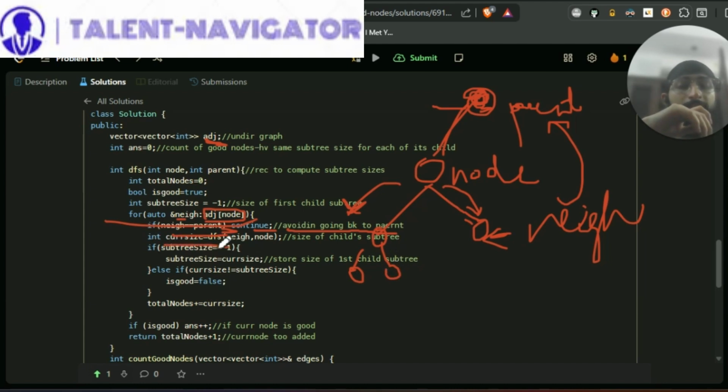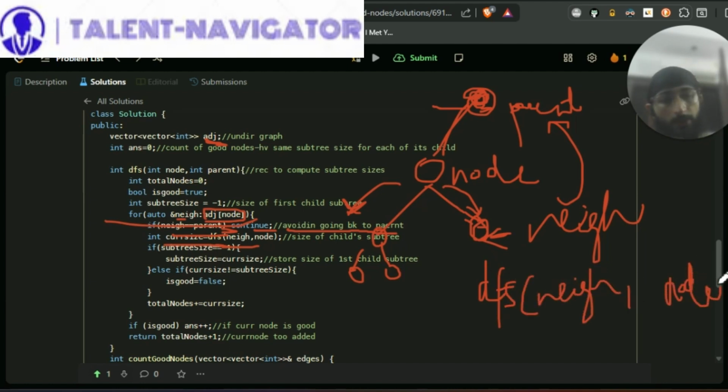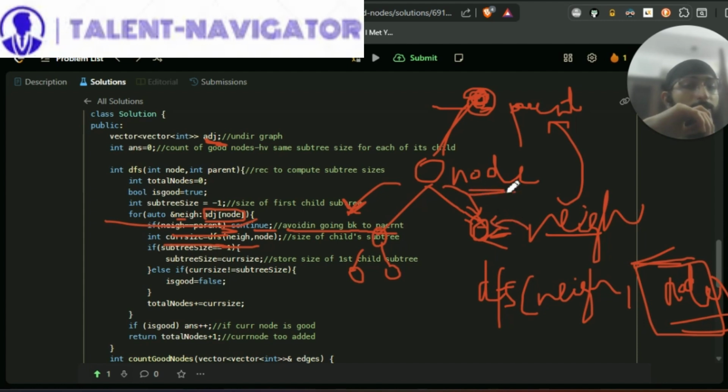So we set the current size as DFS of neighbor and node. We pass the neighbor as the current node, and the node we had considered in the function becomes the parent of this neighbor. If subtree size equals -1, then we store the current size as the size of the first child's subtree, so subtree size becomes equal to current size.